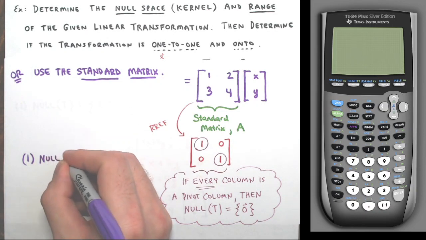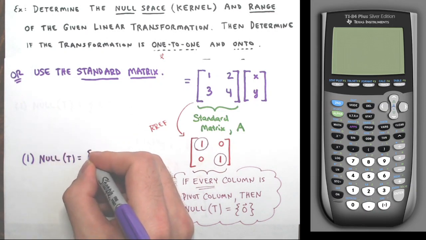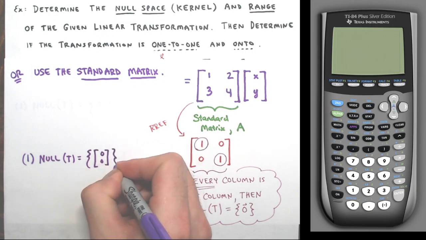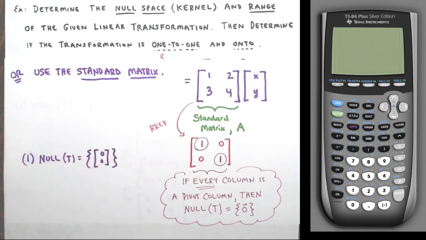So the null space of the transformation will be only that 0 vector from the domain. Only the 0 vector from the domain will map to the 0 vector in the codomain. And remember, if the null space of the transformation was that set with only the 0 vector, then the transformation is going to be one-to-one.